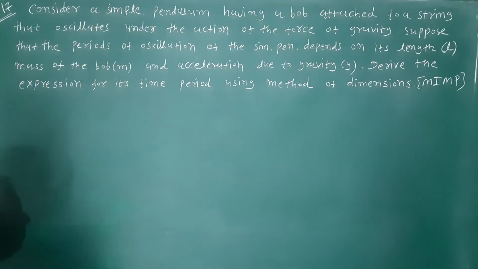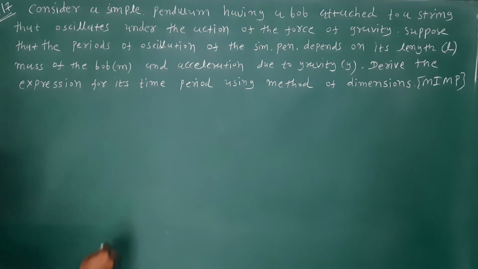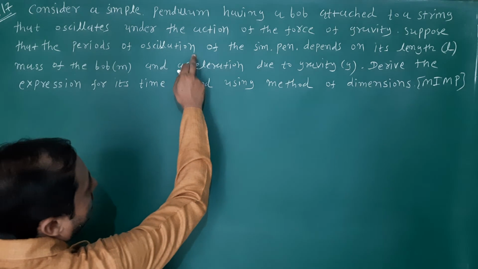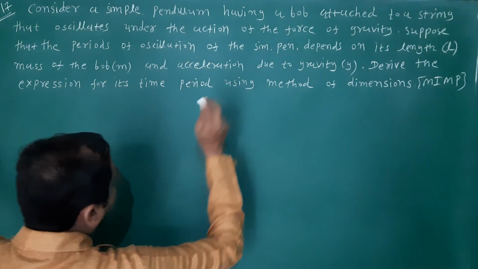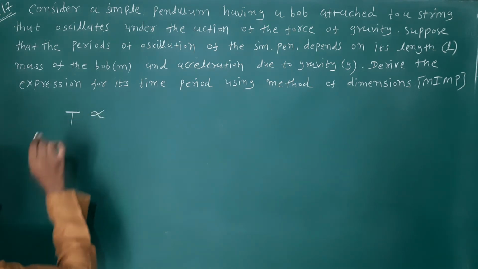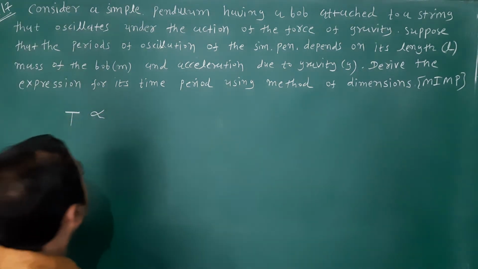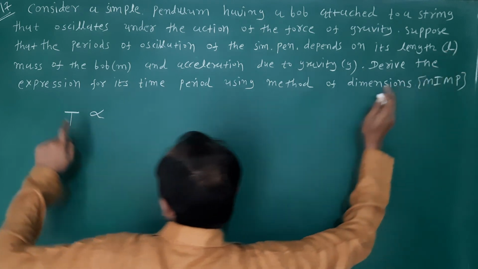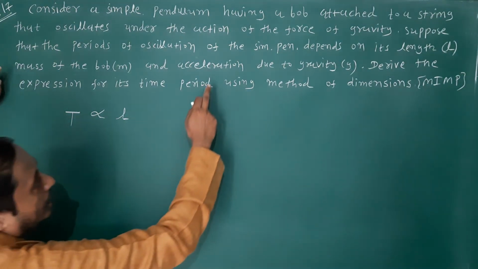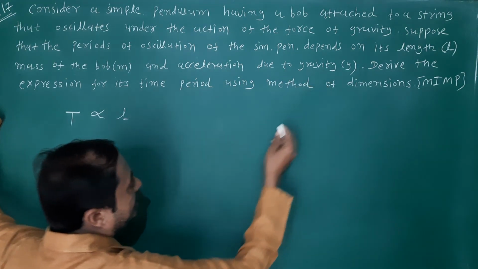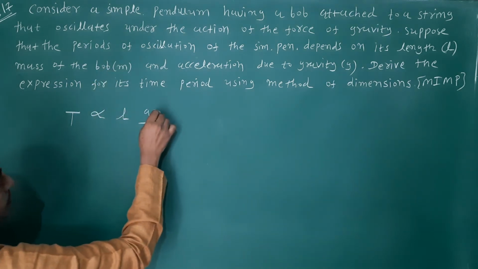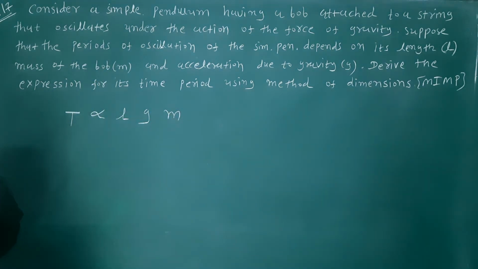So friends, first of all, we can write the period of oscillation of the simple pendulum, denoted by T, is directly proportional to length L, acceleration due to gravity g, and mass of the bob m.